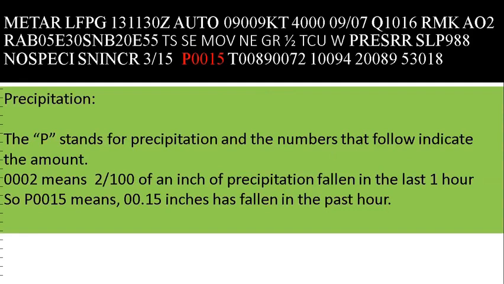If we have 0002, it means 2 divided by 100 of an inch of precipitation fallen in the last hour. So P0015 means you just divide 15 by 100, so it comes out to be 0.15 inches has fallen in the past hour.